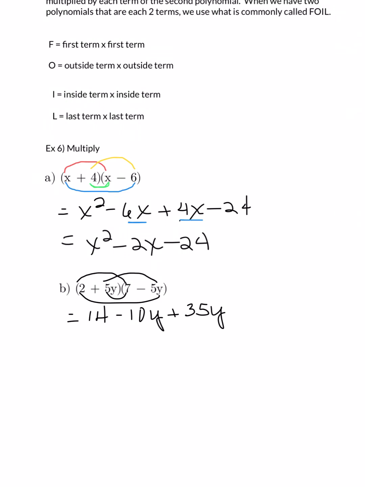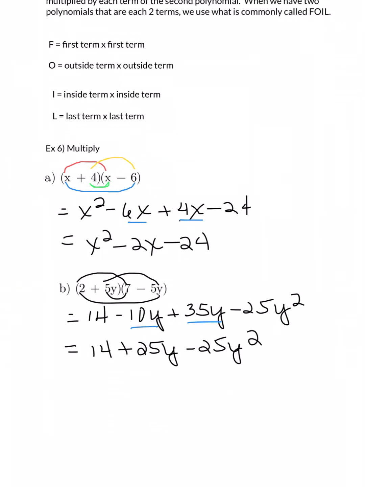And the last times the last will give us negative 25y squared. We have like terms of negative 10y and positive 35y. So combine those like terms. Negative 10 plus 35 gives me positive 25y, minus 25y squared.